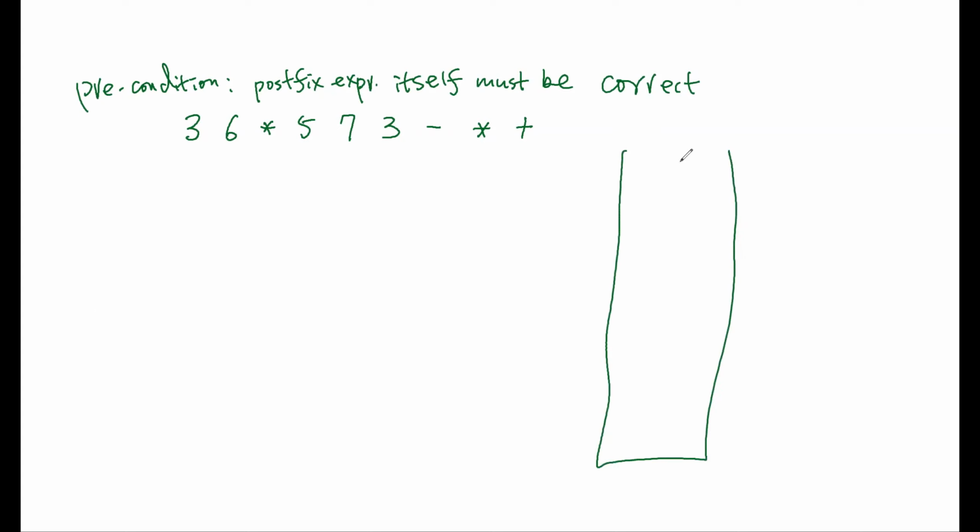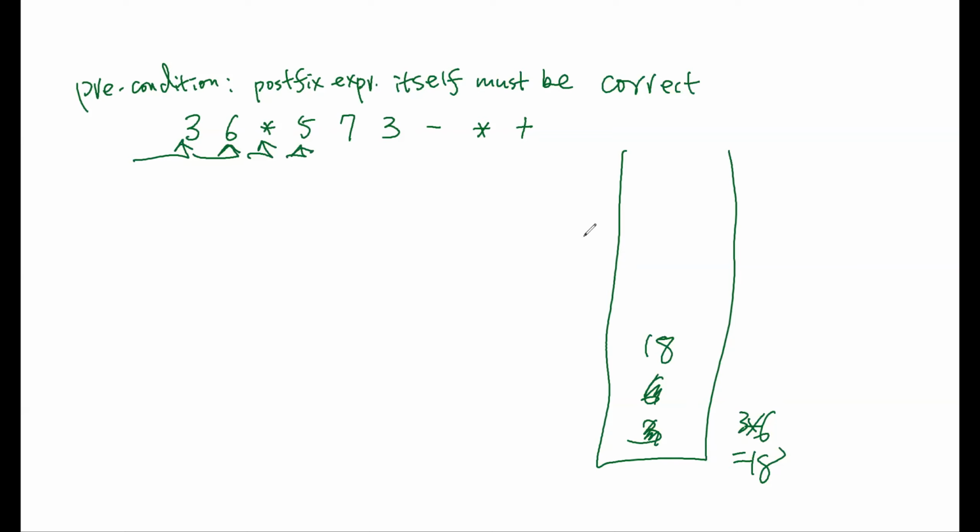So we are going to have a stack. 3, push it to the stack. 6, a number, you push it to the stack. Multiplication, so you pop 2 numbers out, apply the operator, and push it back: 18.